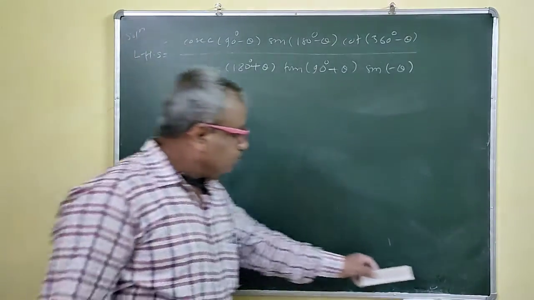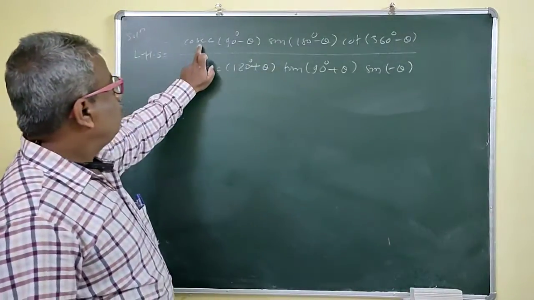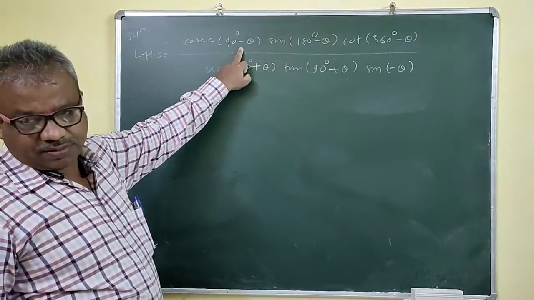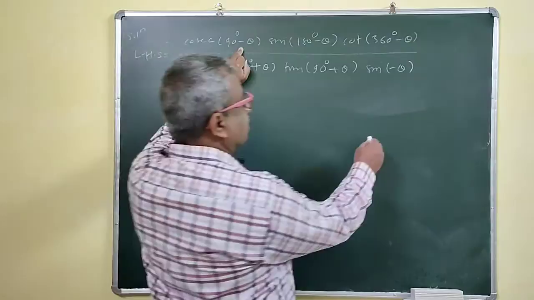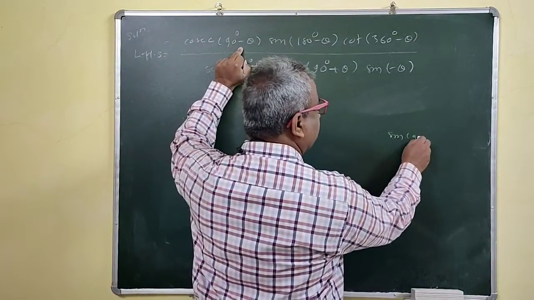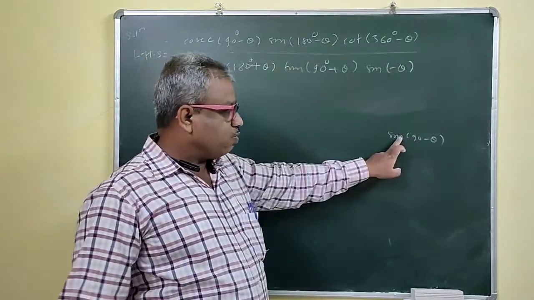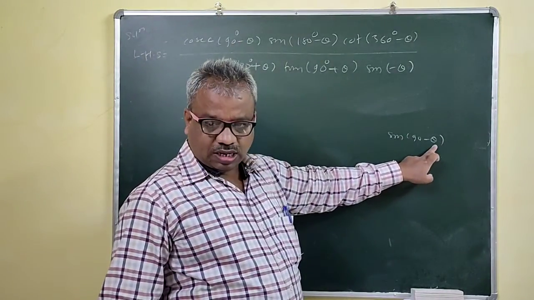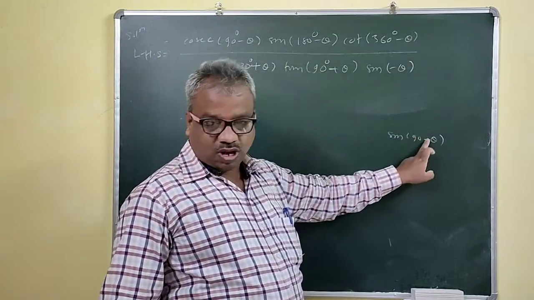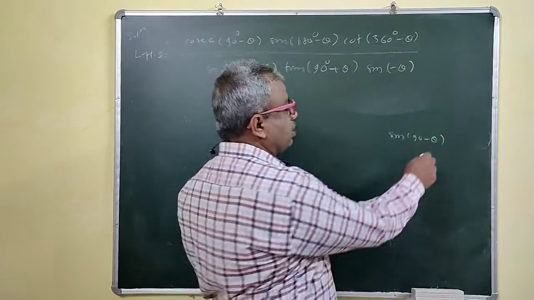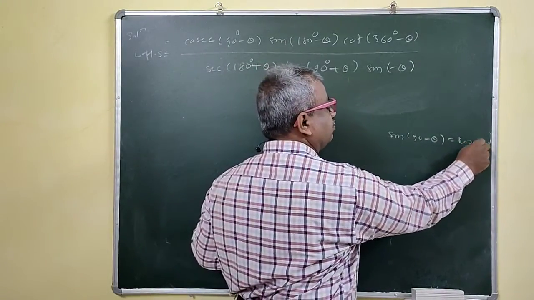Now in the rough work, we'll find cosec 90 minus theta. For cosec 90 minus theta, you have to find sin 90 minus theta. Sin 90 minus theta is what? Sin 90 cos theta, and in the second term there is cos 90, that will be 0. So this is cos theta.